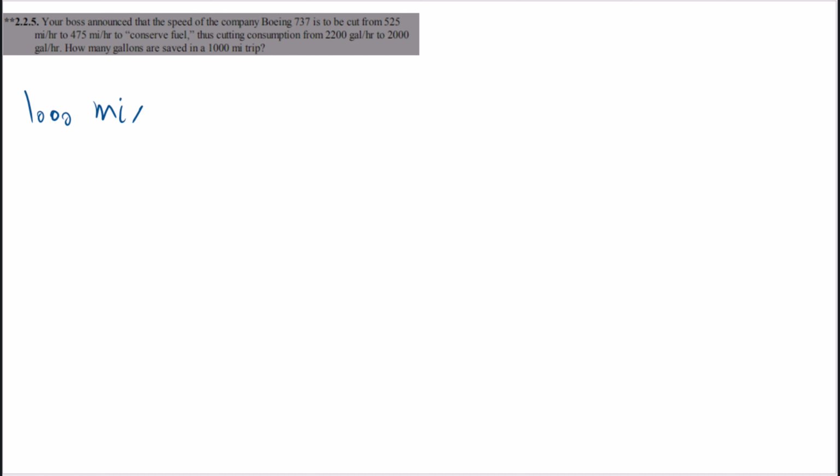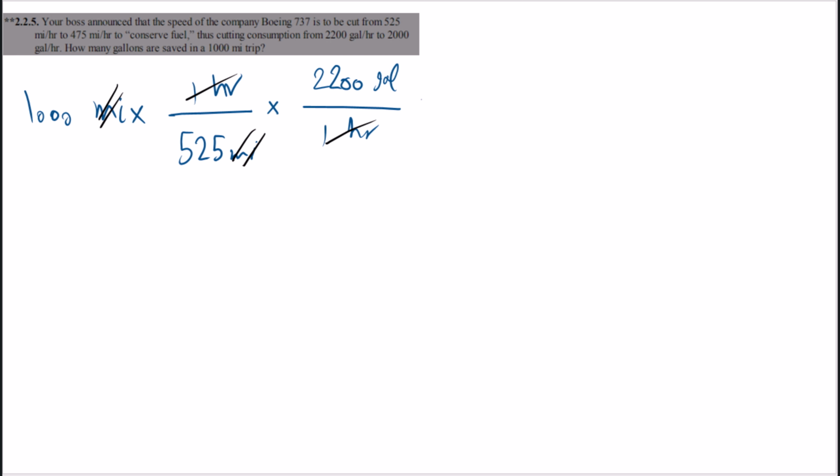In the first situation, it says 525 miles per hour, and it uses 2,200 gallons per hour. So the gallons in this situation will be this.